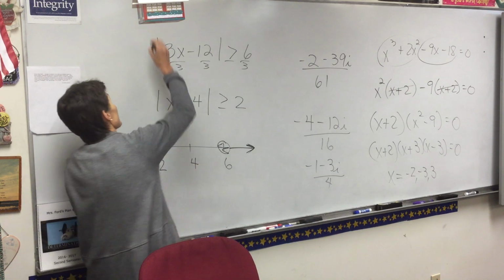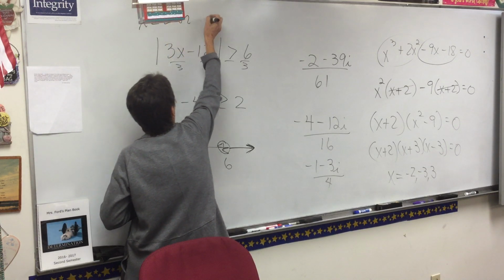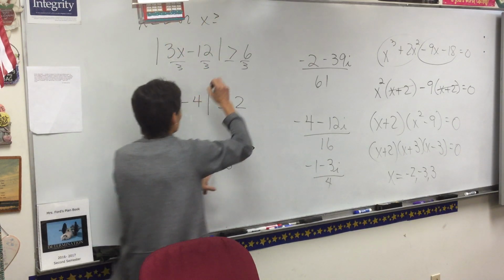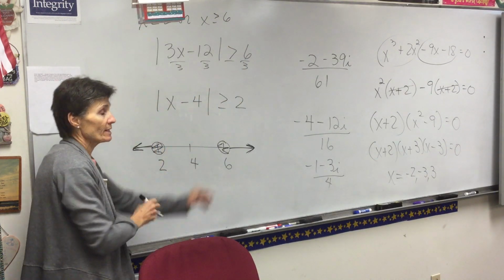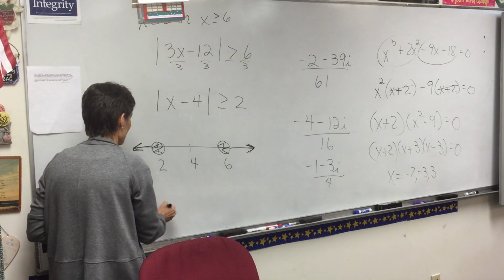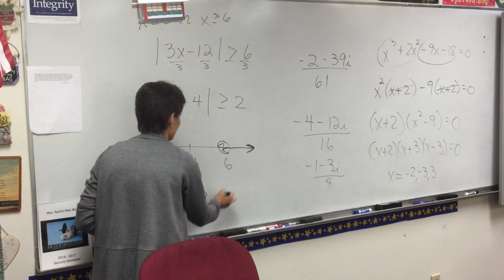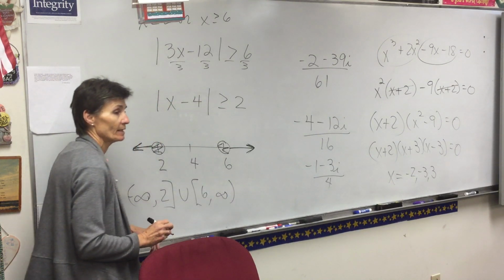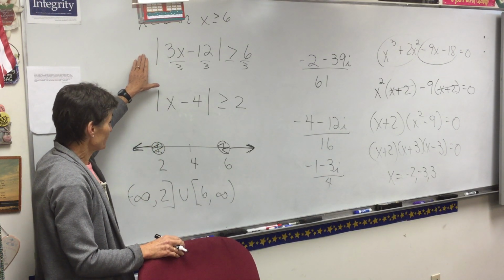So I'll either say x is less than or equal to 2, or x is greater than or equal to 6. That would be one way to write the answer. Or if you want to use your infinities, you can do that. So we have -infinity to 2, bracket, or bracket 6 to +infinity. Either one of those would be perfectly okay.